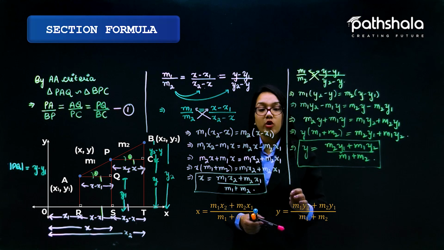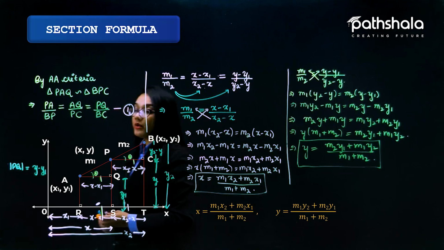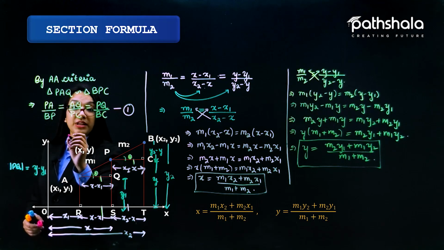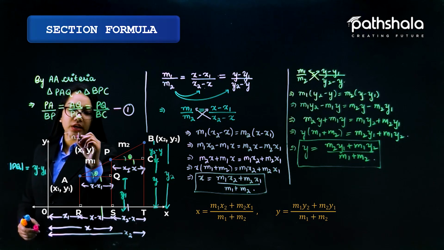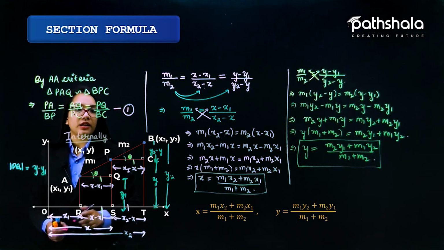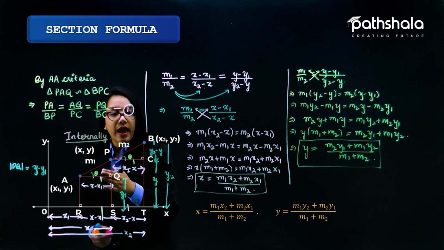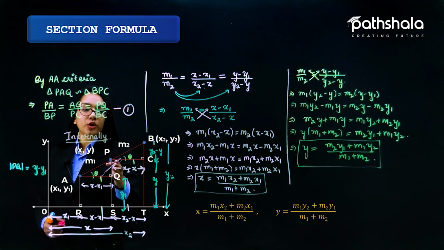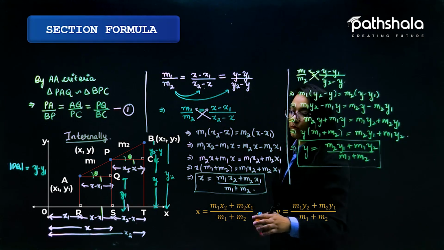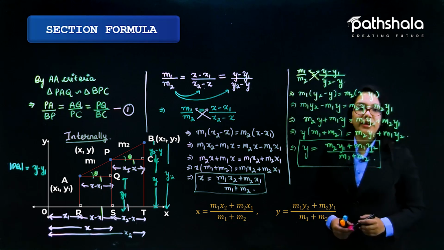I'm using a very important point over here, that a point P is actually on AB internally. Internally means lying within. Here I'm talking about the point P which is lying internally inside the AB line segment and dividing it into the ratio m1 and m2, then the coordinates for the particular point P should be of the form x is equal to (m1x2 + m2x1) divided by (m1 + m2) and (m1y2 + m2y1) divided by (m1 + m2).